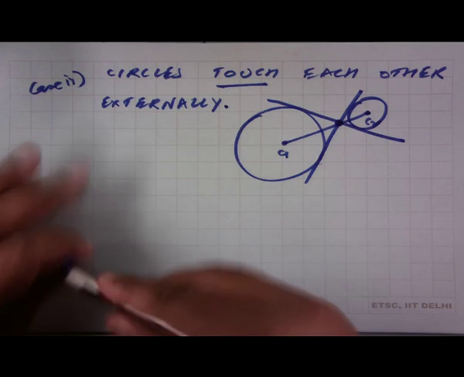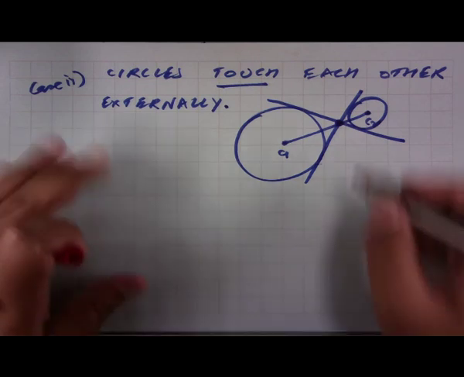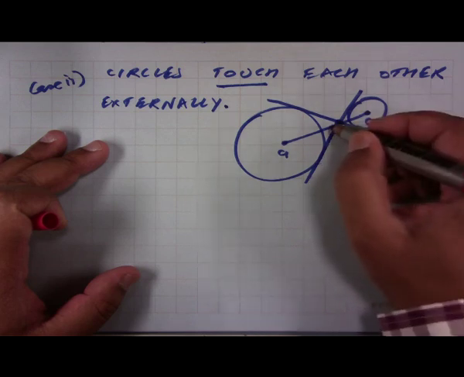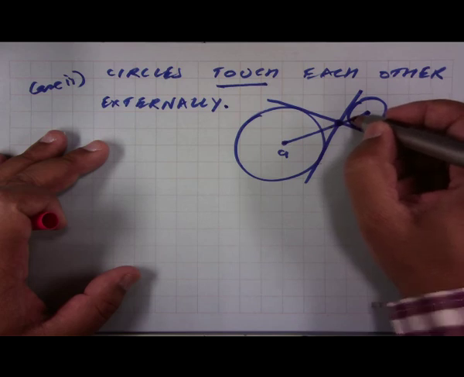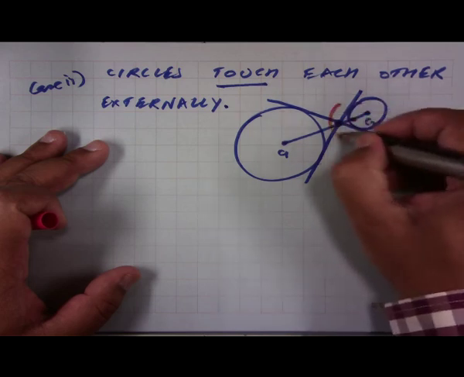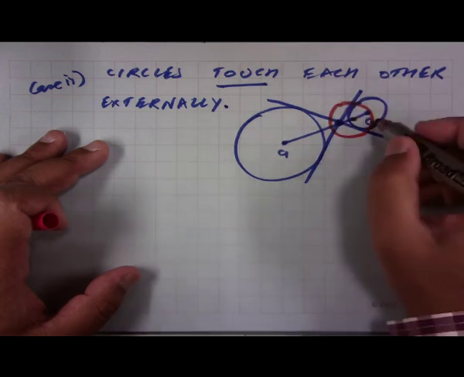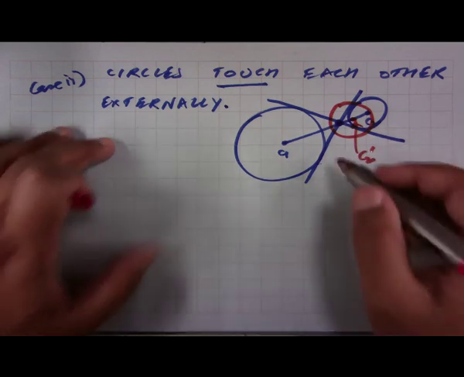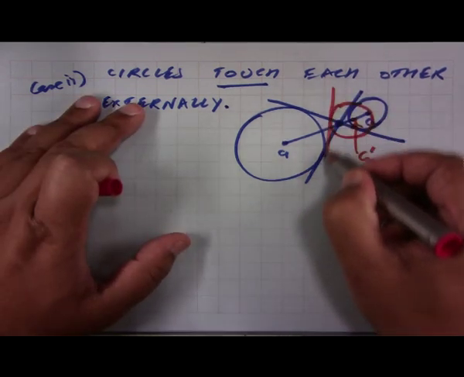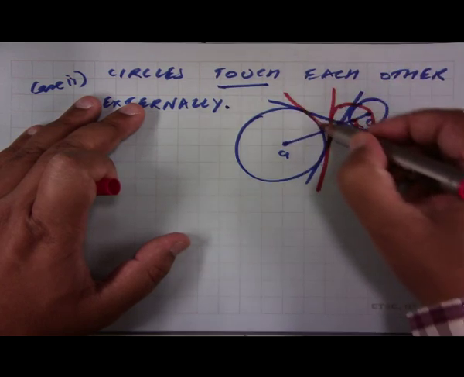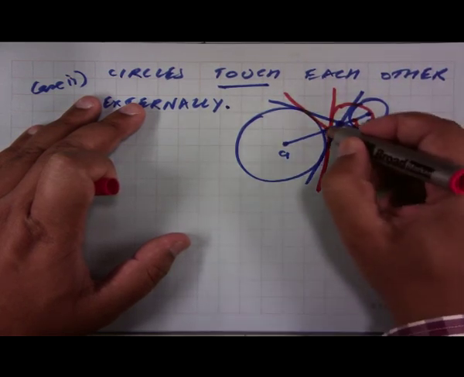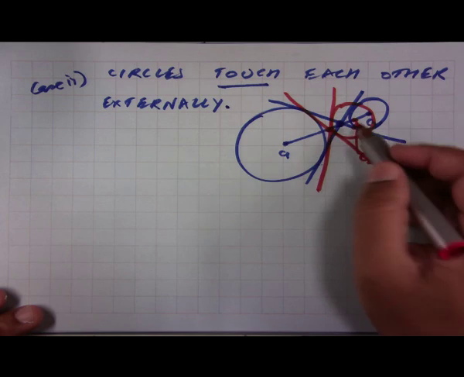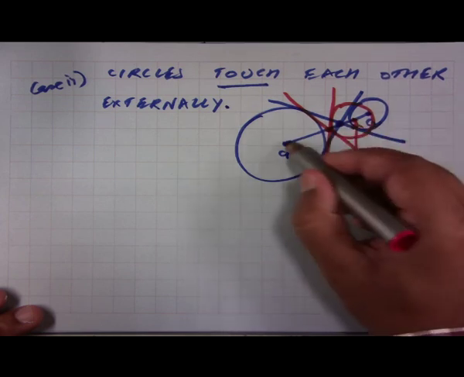Then it is expected that, for example, if this smaller circle with center C2, if the center C2 moves to, let us say, this point here, then we have the second circle to be like this, and let us say that this is the new point C2 prime. In that case we will see that the transverse common tangents become like this, and then this is the point of intersection, which will still lie on the line joining the centers of the circle.